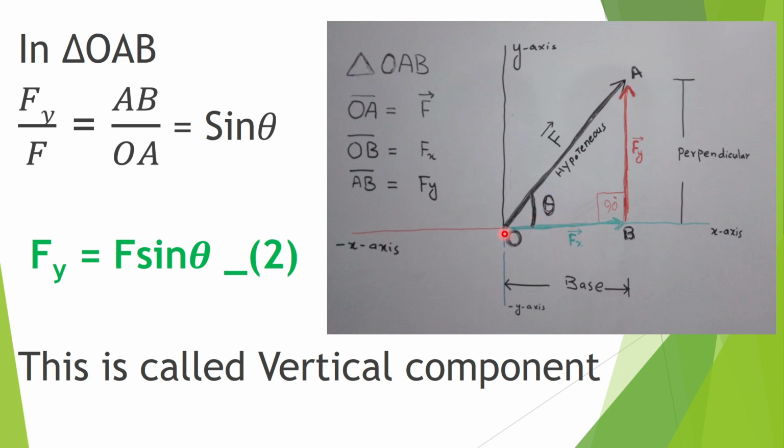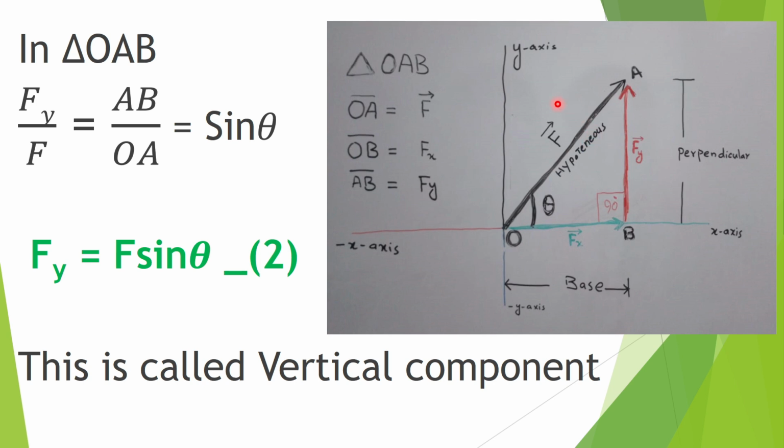The tail of the resultant vector is kept with the tail of the first vector, and the head of the resultant vector is kept with the head of the last vector. So this is called the head to tail rule as well. If you want to determine the value of this resultant vector, which is the resultant of addition of these two vectors, you can use the formula F equal to under the root Fx square plus Fy square.